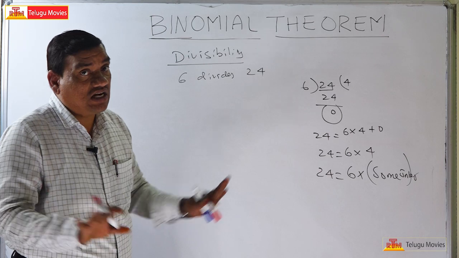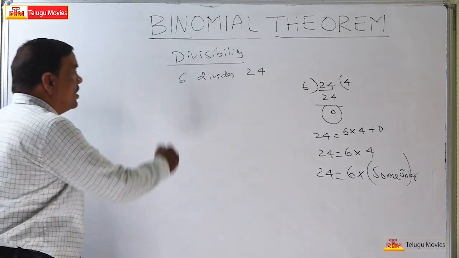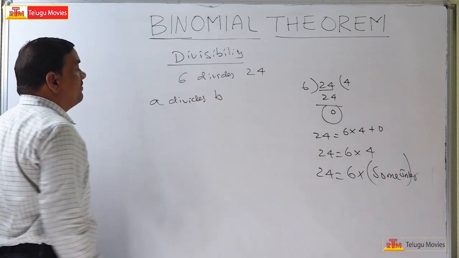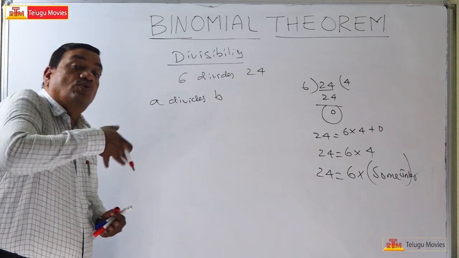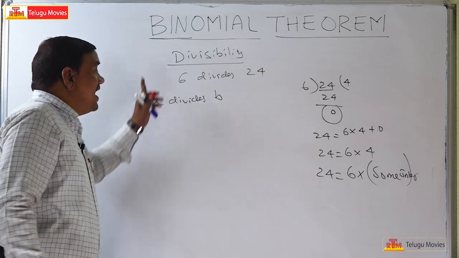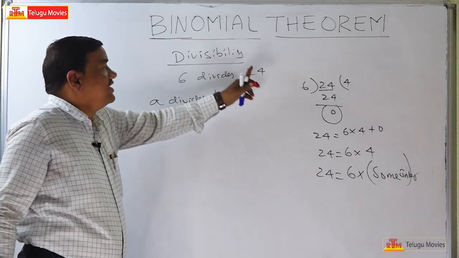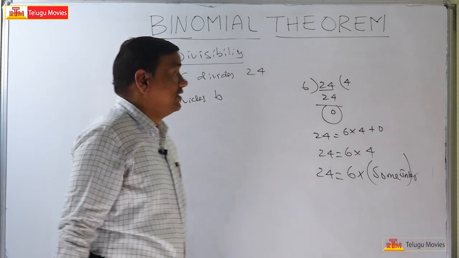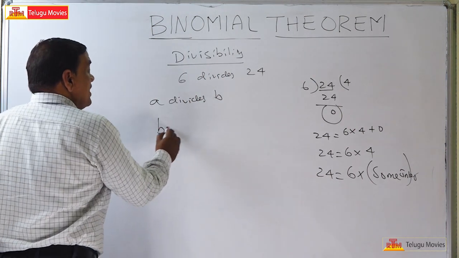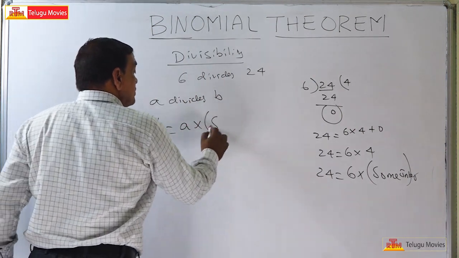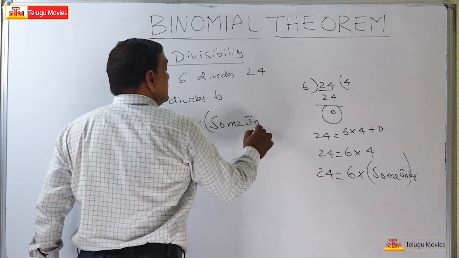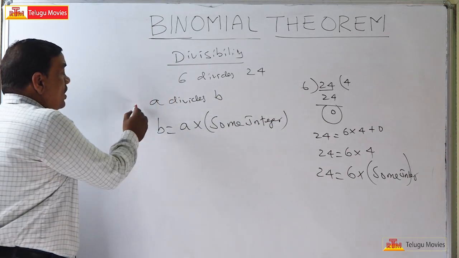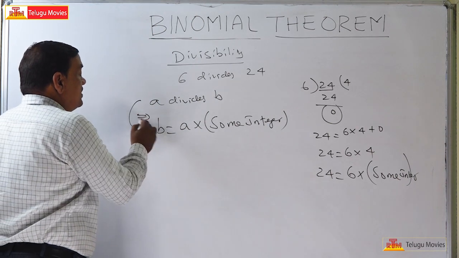Now coming to generalize this. Here A divides B, or B is divisible by A, means what? 6 divides 24 means 24 is equal to 6 into something. Like that, B is equal to A into some integer. These two are vice versa.